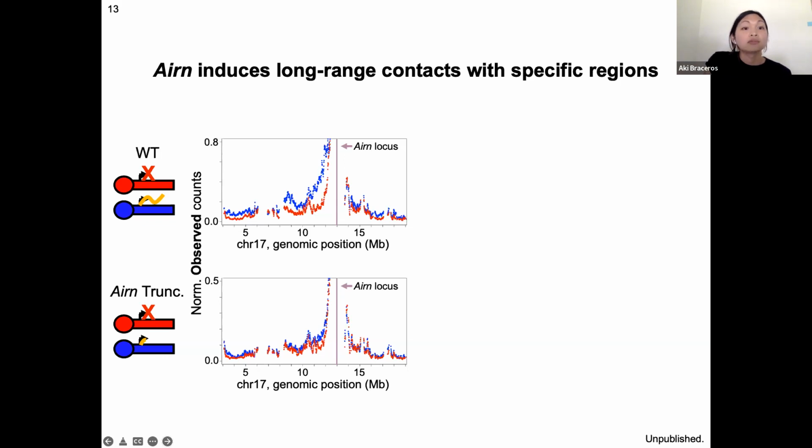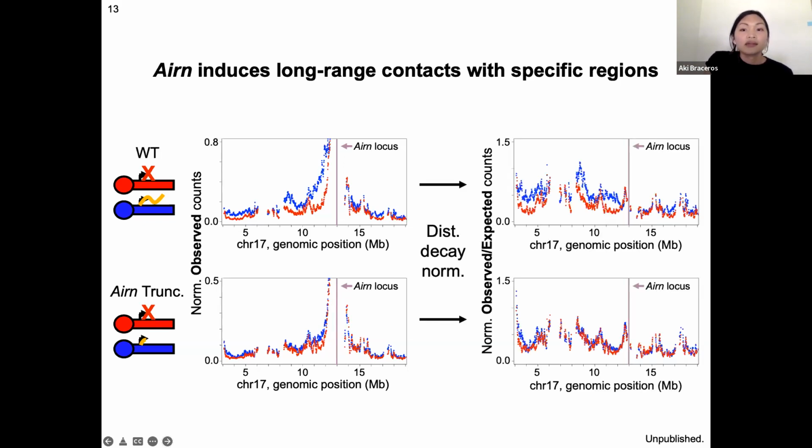So to address this, we normalize the observed contacts by the contacts expected by chance for each loci pair. These expected contacts can be estimated using a distance decay model. If we transform the data and view it in this way, it helps our eyes more readily pick out the specific regions that interact with the Airn locus more than others, some of which are again enhanced by Airn expression and others that remain unchanged but are pretty prominent on both alleles.